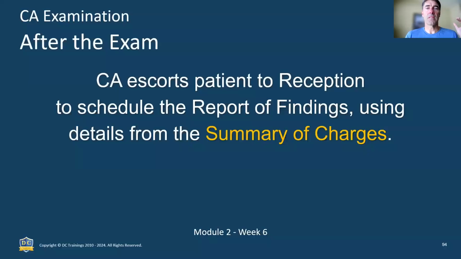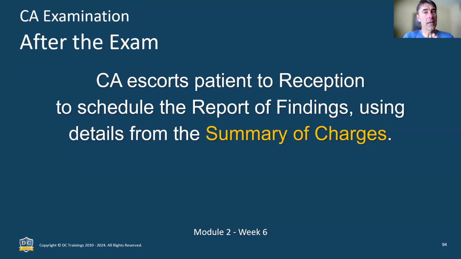Now, let's go back to the PowerPoint, because the CA now takes the patient up to the front desk to schedule the report of findings, and we're going to use the details from the summary of charges, which I'm not going to go through that whole form right now because that was last week.